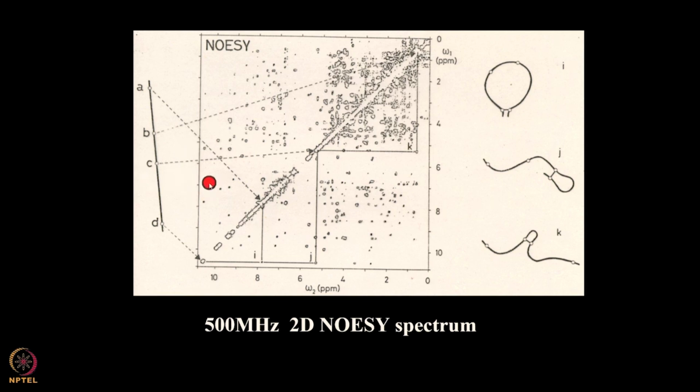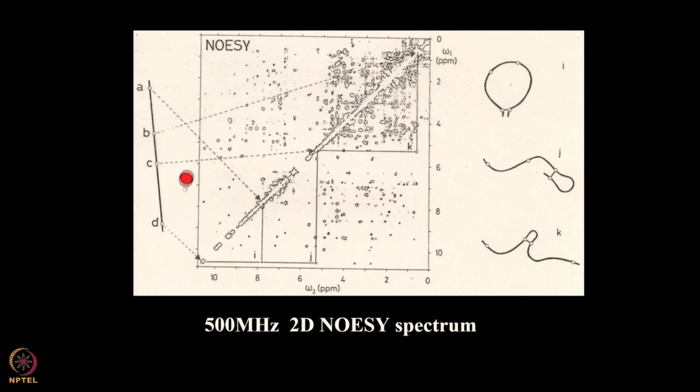Why does that happen? Consider a polypeptide chain which is like this. Suppose you have a polypeptide chain which is like this, and you are considering the protons A, B, C and D. Okay. The A proton has a diagonal peak here, the B proton has a diagonal peak there, the C proton has a diagonal peak here, and the D proton has a diagonal peak here. Okay.